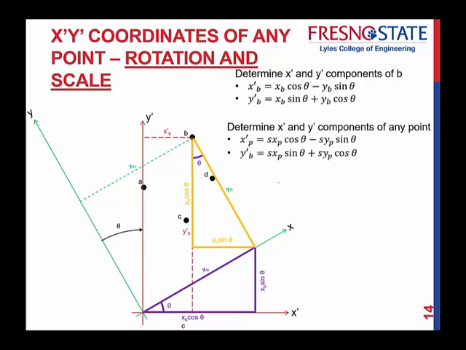So to determine the x and y components of any other point between these two systems, the xy system and the x prime y prime system, here is now your formula. All I did was take what we solved for up here and put it in a more general term. x of P is just some random point P. I put the scale in there because we're going to be dealing with distances.